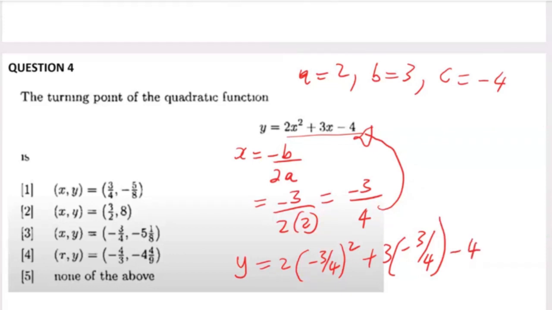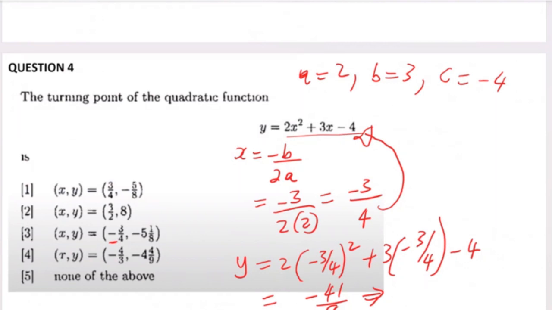I'm not going to go through the simplification, guys. Through the simplification, you'll find that you get negative 41 over 8. You've got your x coordinate, negative 3 over 4, but you need your y coordinate.